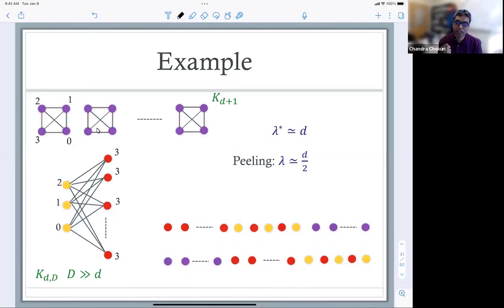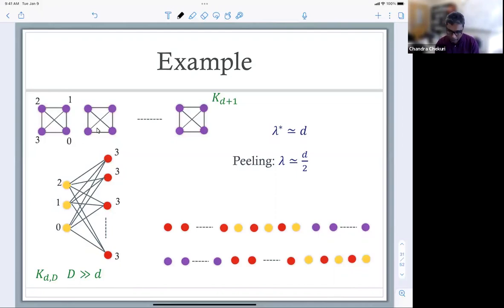I take out one red vertex, then I take the next lowest degree vertex. The red vertex still has degree 3, another red vertex has degree 3, so I take it out. And so I keep peeling the red vertices. And then when I get to only 3 red vertices, some noise creeps in. There are 3 yellow and red, they form a bipartite clique of size 3 by 3, and then things start misbehaving a little bit.